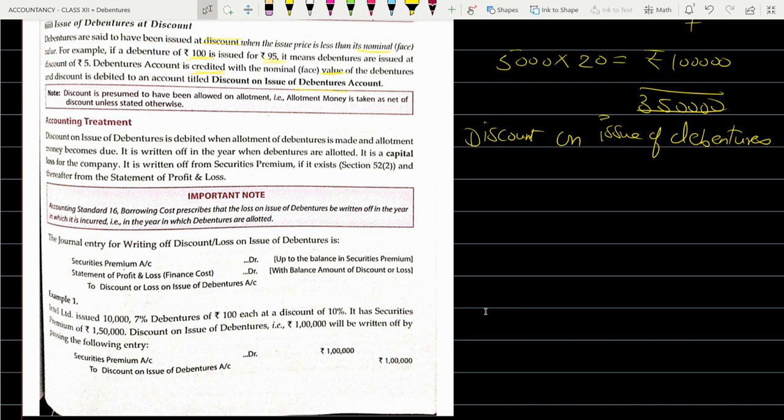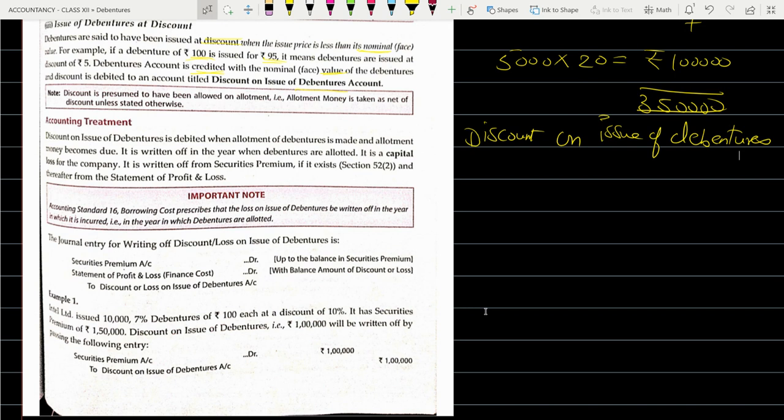And the accounting treatment is discount on issue of debenture is debited when allotment of debenture is made and allotment money becomes due.